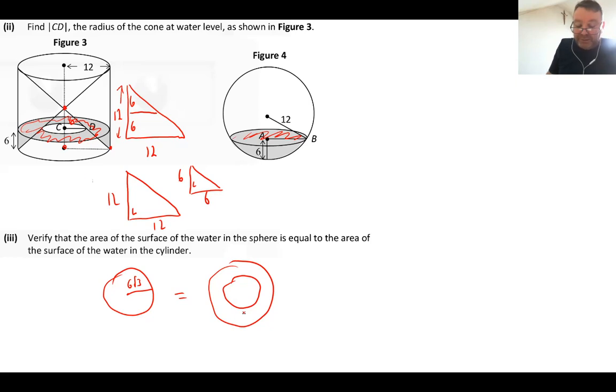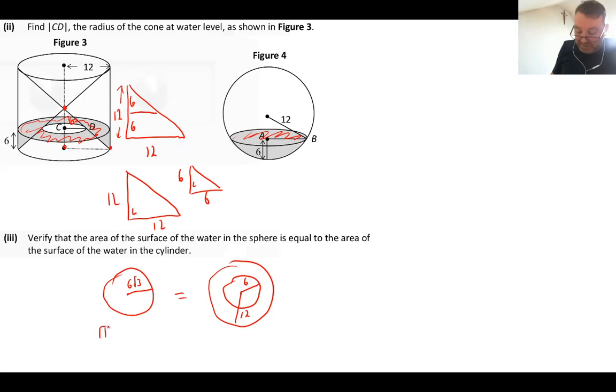Apologies for the diagrams. So what did we say the large radius was? We said that the large radius was 12, and we said that the small radius there just a minute ago was 6. So all I want to do now is to show that the area of that circle is the same as the area of the big one here minus the area of the small one. So what have we got?